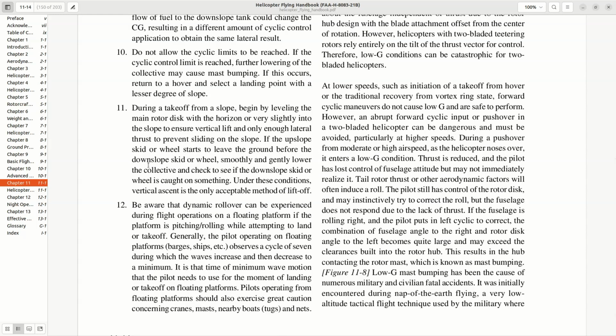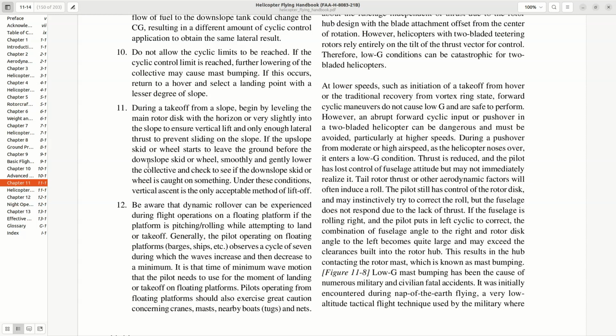And some other situations. Don't allow the cyclic limits to be reached, right? If you're landing on that slope and you hit that limit, bail. Get out of there. It's not going to allow you to provide any more input. And in the case of some rotor systems, it could also lead to mast bumping.